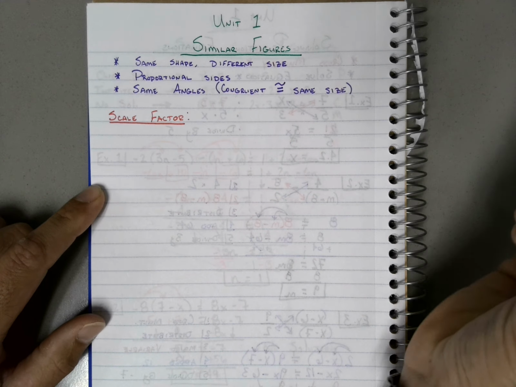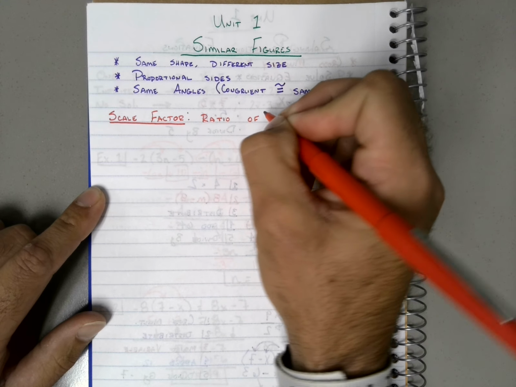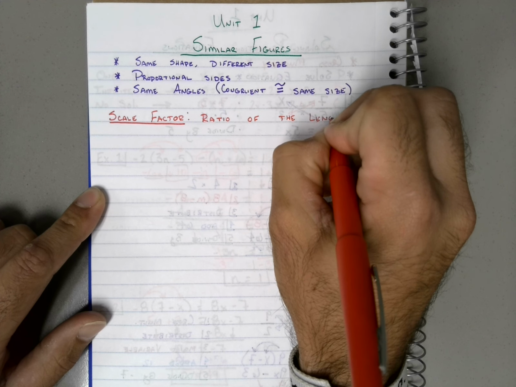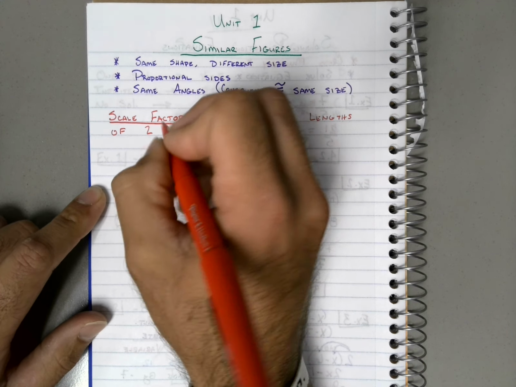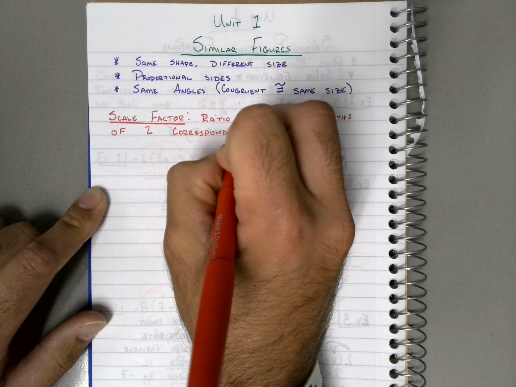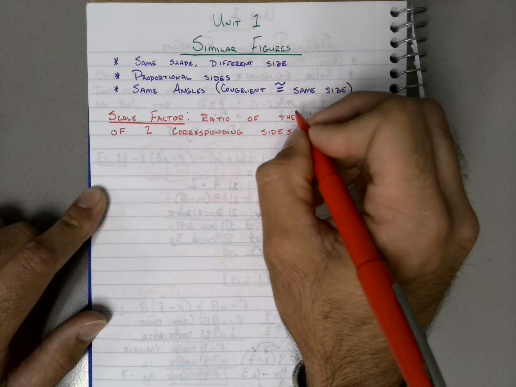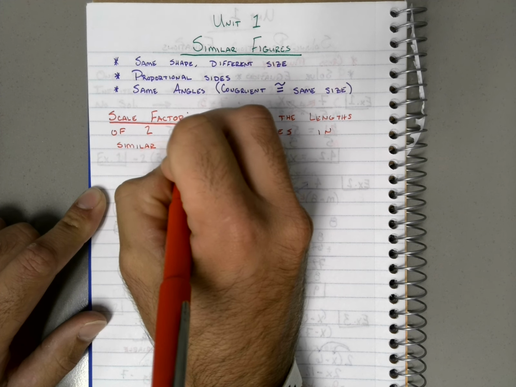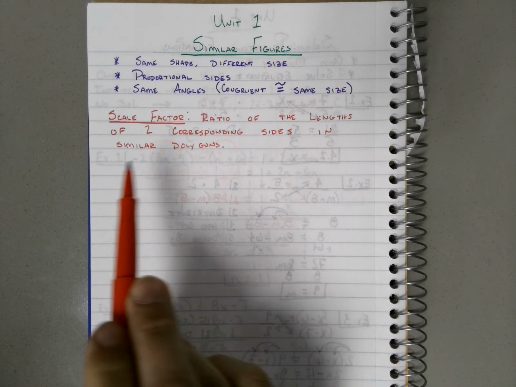Okay, so a scale factor is the ratio of the lengths of two corresponding sides in similar polygons.